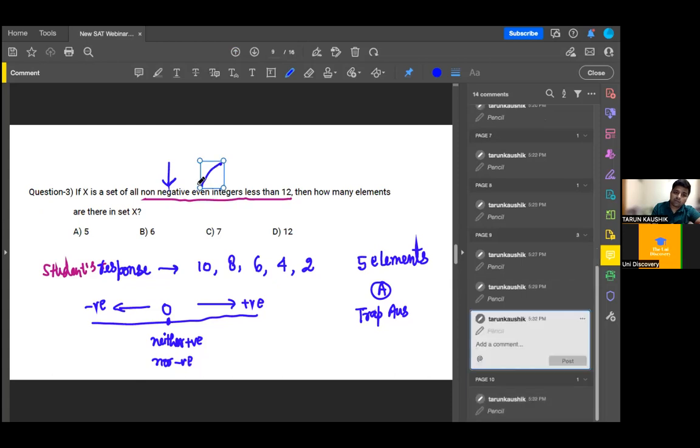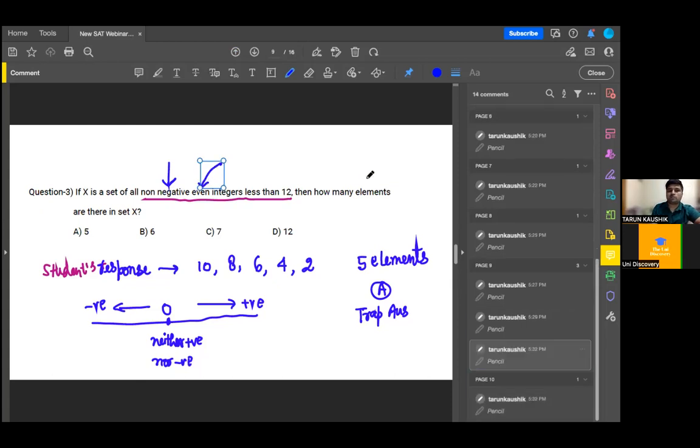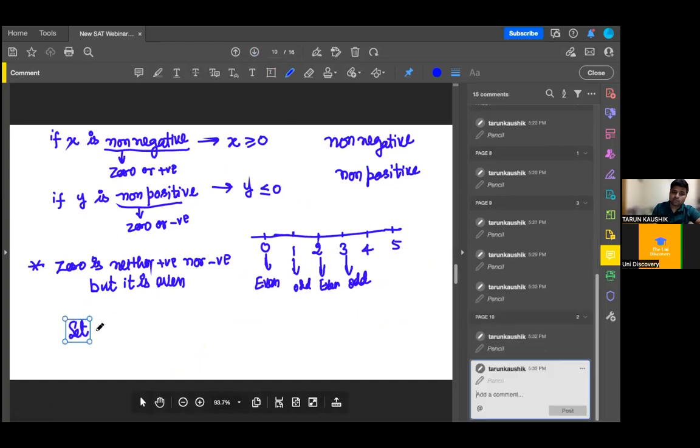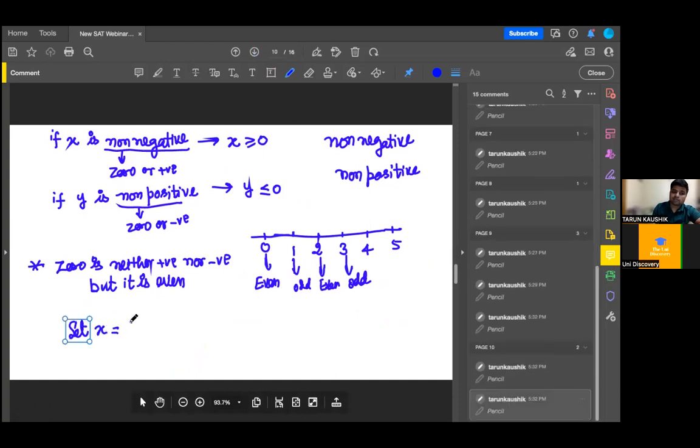And the moment I see that even is also written along with that, that gives me 100% confirmation that 0 has to be part of the set. So the correct elements in set X should be 0, 2, 4, 6, 8, and 10. So there are basically 6 elements rather than 5.